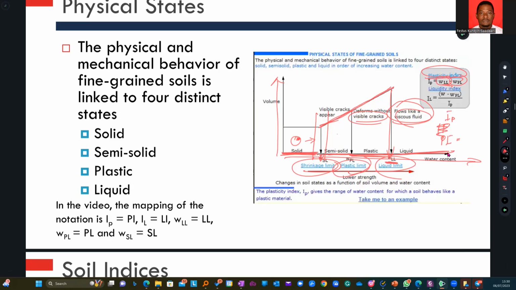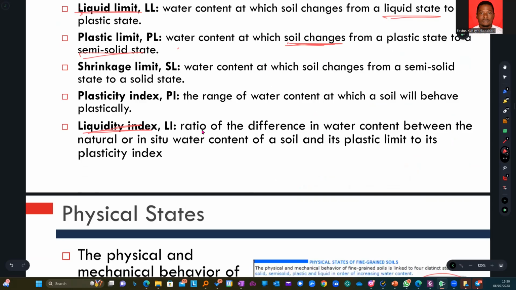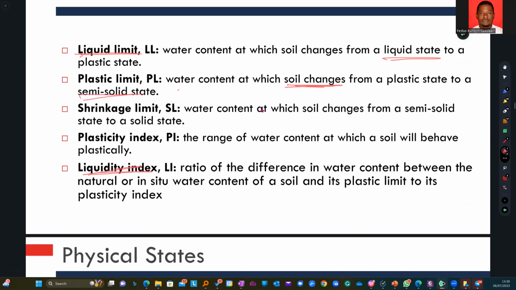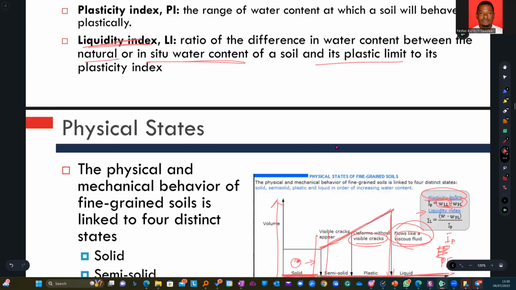Then the next thing is you can compute what we call the liquidity index. When you look at the key words here, liquidity index is the ratio of the difference in water content. You've added water, so you are trying to find out the ratio of the difference between the natural or in-situ water content of a sample and its plastic limit, to its plasticity index.